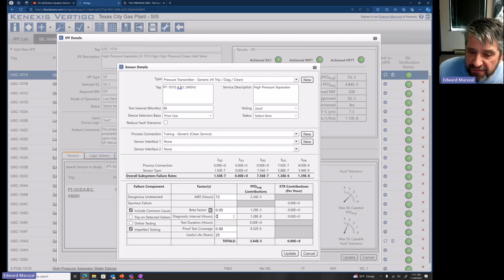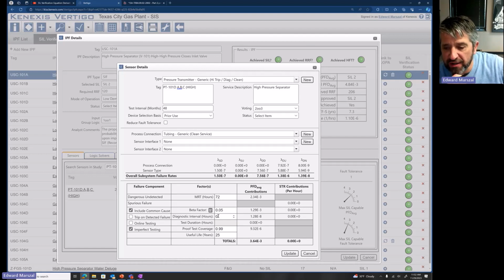Now, this all goes back into how the equations are derived. So the trip on detected failure, if it's a 1 out of 1 vote, then it's very easy to calculate the unavailability if you don't vote to trip.